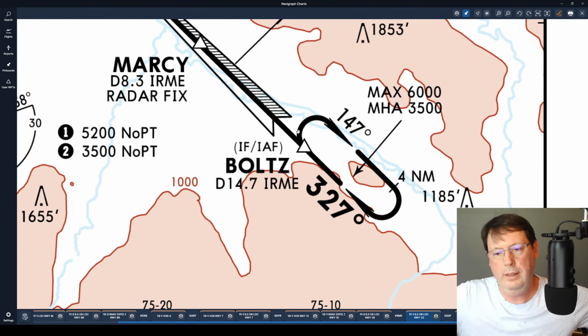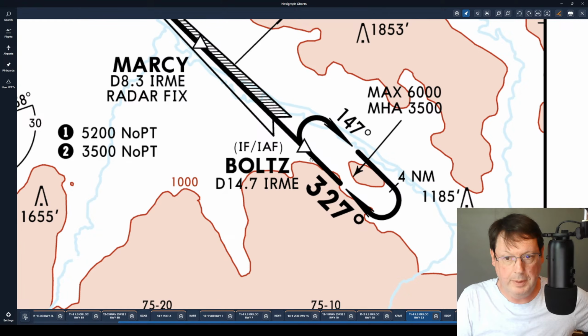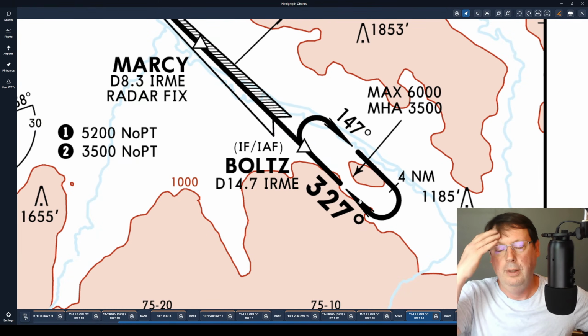And the whole point of me telling you this is that holding pattern entries are not regulatory. In other words, there is no legal requirement to enter a hold in any specific way. The only thing that matters is that you stay within the protected airspace and you get established in the hold. Now, what does it mean to be established in the hold?